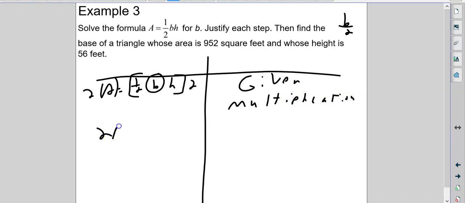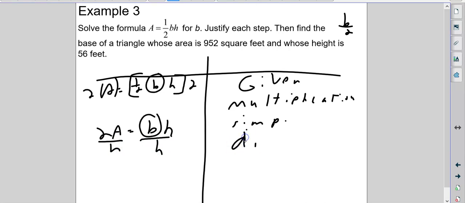That's going to give me 2A = bh. Again, I'm trying to get b by itself. What's attached to the b? This is just simplified. The h is attached by multiplication, so I'm going to divide by h. So that's division. And that leaves me with 2A over h = b.